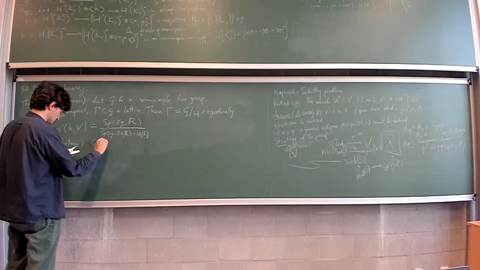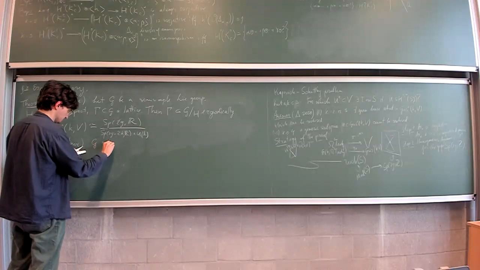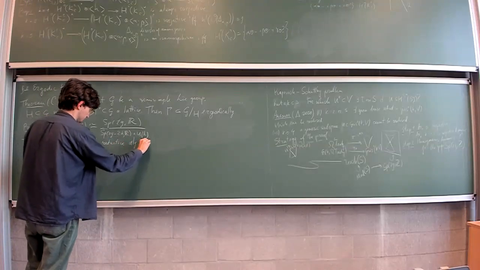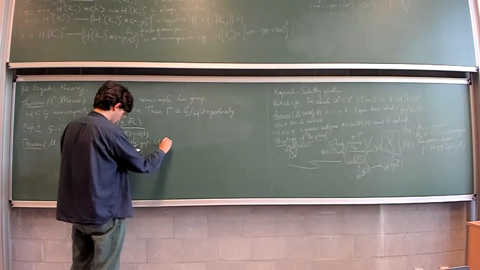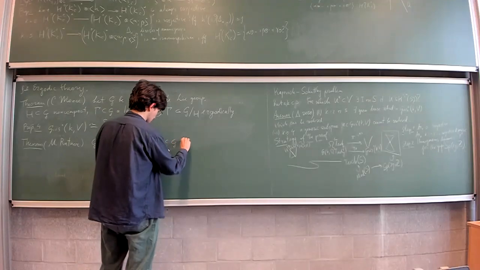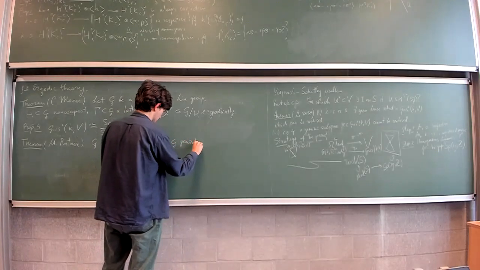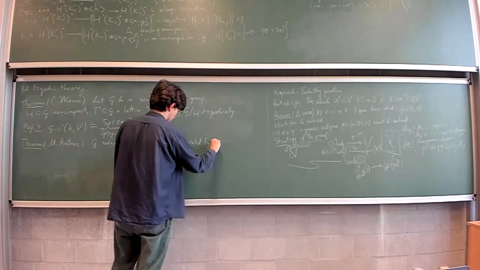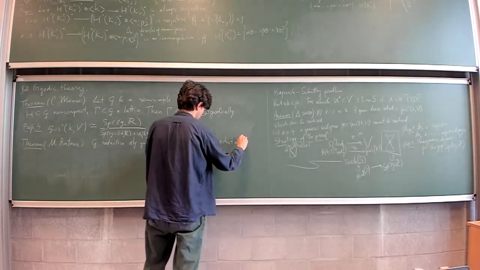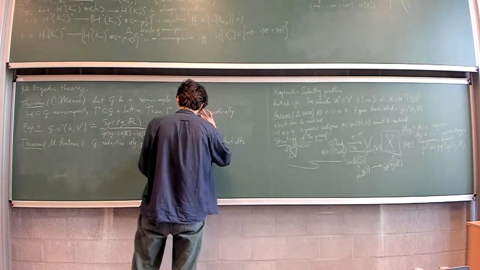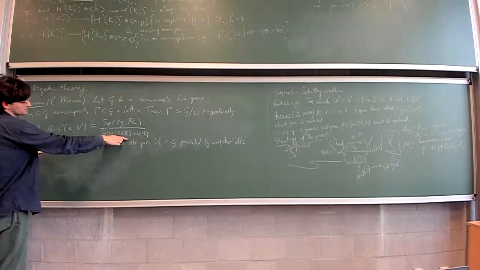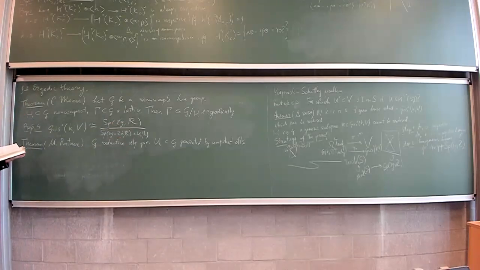Suppose G is a reductive algebraic group, and U inside it is a subgroup generated by unipotent elements. For example, upper and lower triangular matrices generate this subgroup, essentially.